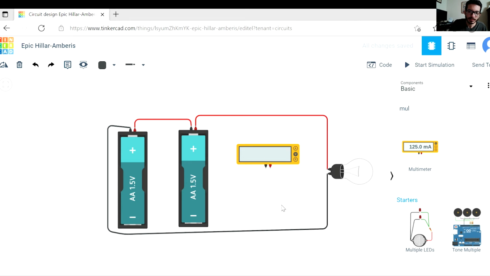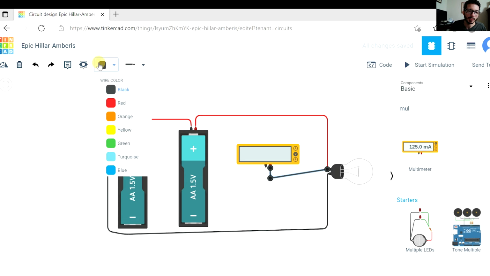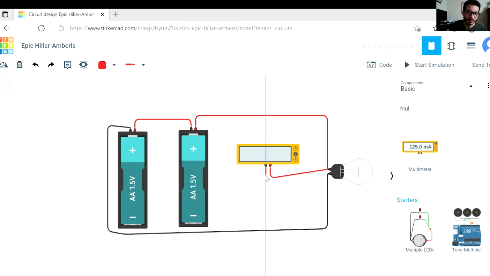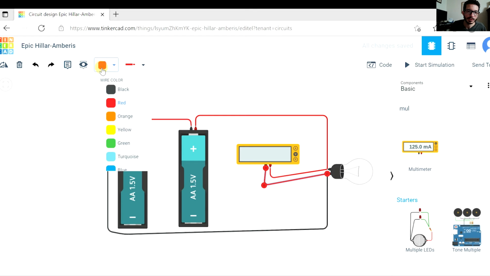So let's see if we connect this point to this point, and this positive point will be red, and then we connect this point to that point. We don't need to break the circuit to measure voltage. We want to measure voltage.